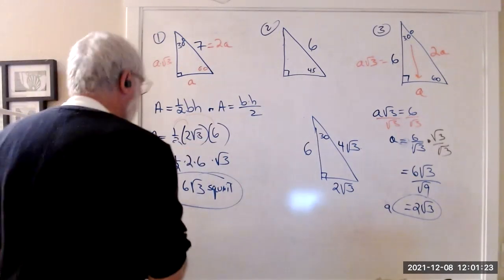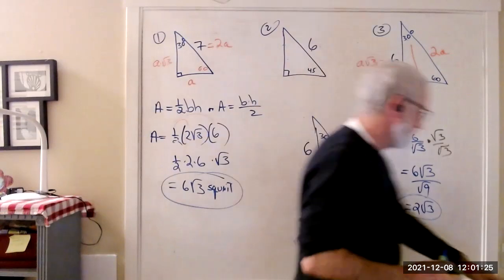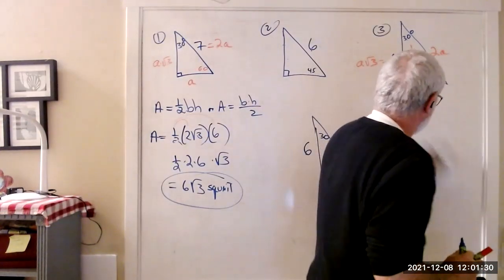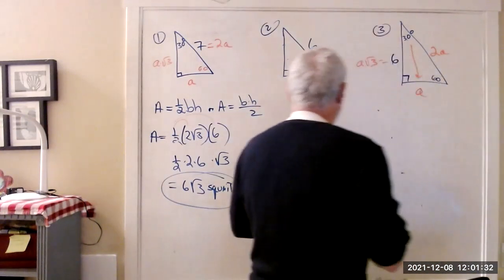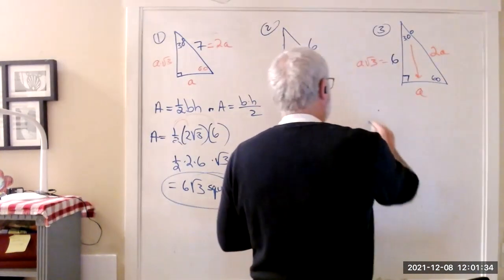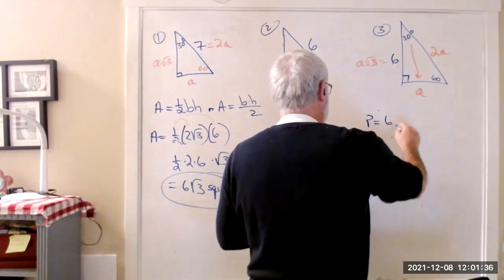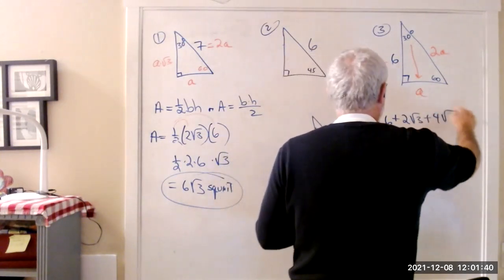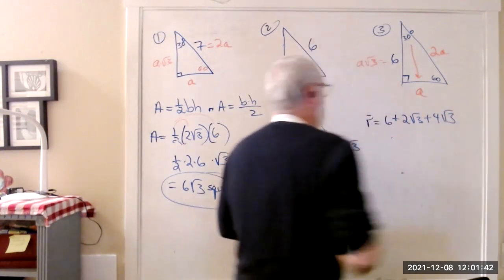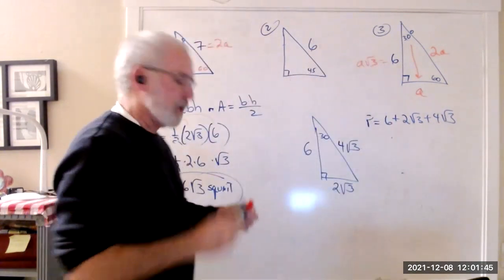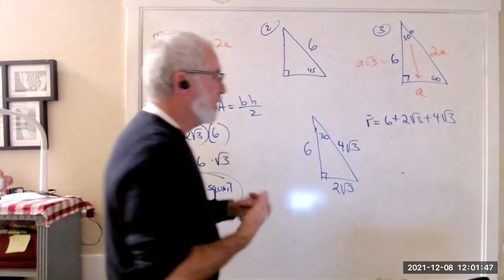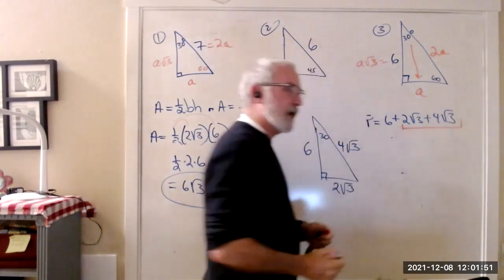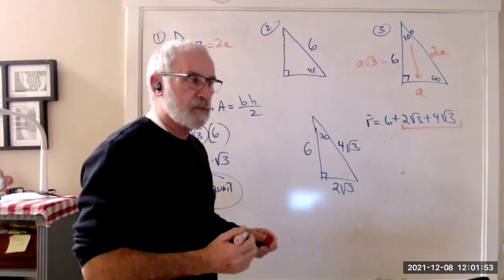All right, the perimeter is real simple. The perimeter of a triangle is just add up the 3 sides. So the perimeter is 6 plus 2 radical 3 plus 4 radical 3. Now it turns out that these are called like terms or like radicals, so we can add them.